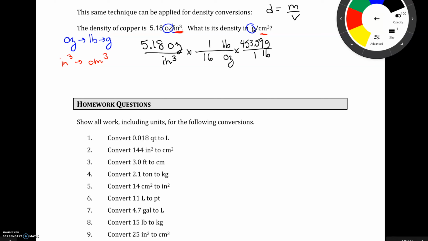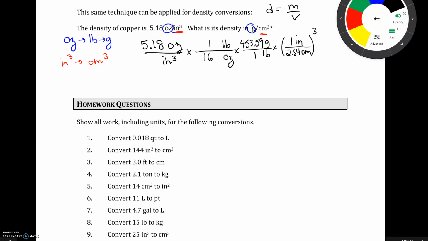Next, we have our conversion factor from inches to centimeters. We know 1 inch is 2.54 centimeters, and I'm putting that conversion factor in brackets because it's cubic inches to cubic centimeters. I'm going to have to cube that conversion factor.